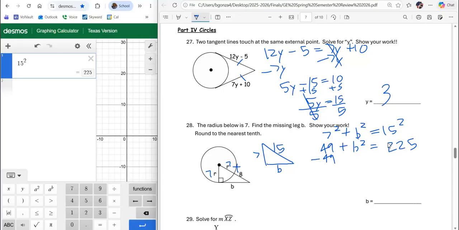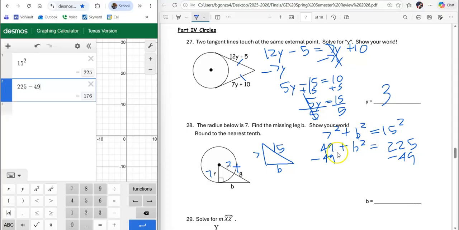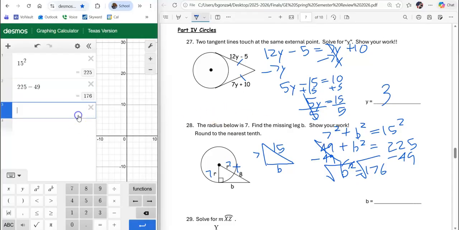Subtract 49, get 176. Square root to get rid of the square. To the nearest tenth is 13.3.